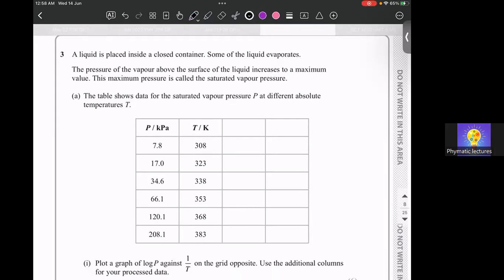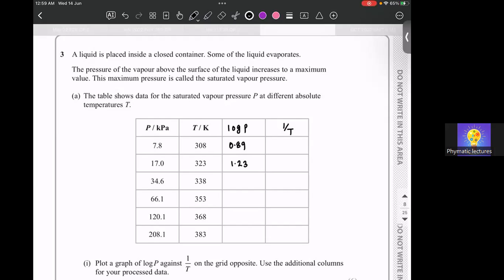So we will calculate log P as well as 1 over T values. Log P, so log of 7.8, that is 0.89. You can calculate the respective values of logarithm of P for the rest of the values.